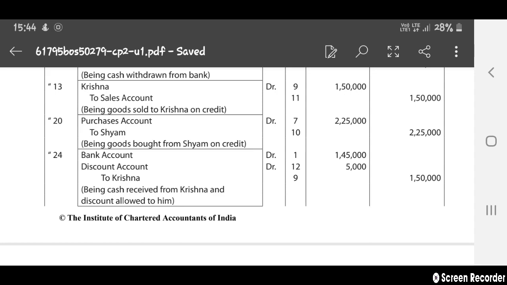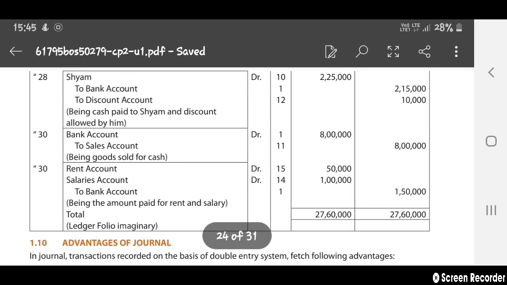So 1,45,000 is debited, and 5,000 is also debited, meaning the discount we have given. So in total we have credited 1,50,000 from the bank account and discount account to Krishna. So we have received cash from Krishna and allowed him a discount.